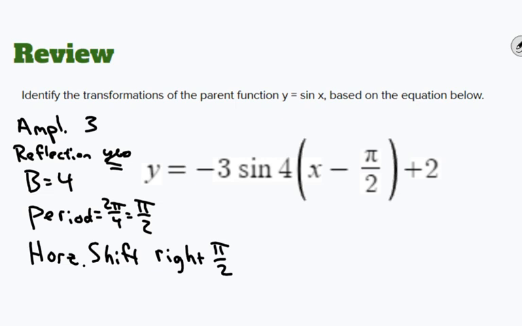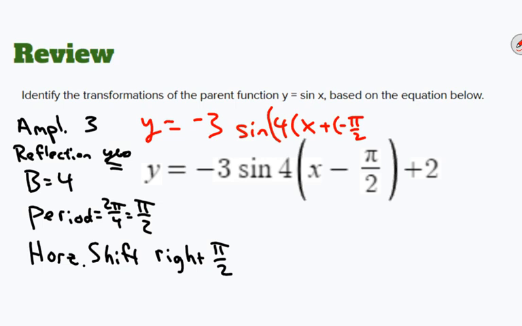For some reason, there was a problem that I was helping people with today with the transformations of the inverse functions, and they wanted people to write this as y equals negative 3 sine of 4 times x plus a negative pi over 2.